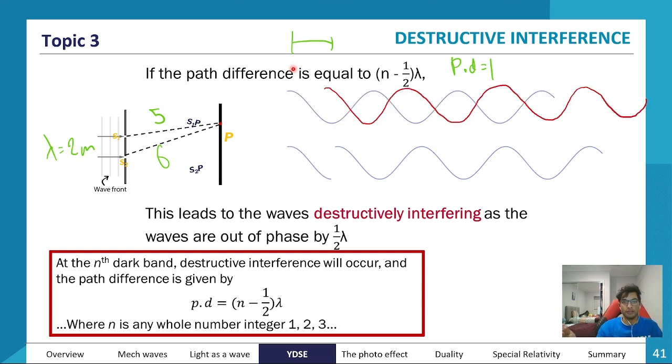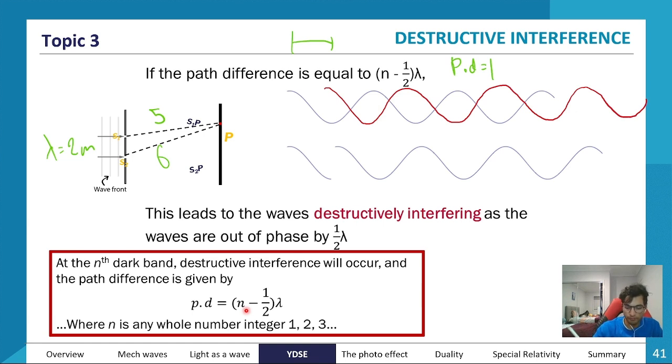Because you have positives and negatives, this is going to cancel out and you get 0, which is destructive interference. The formula for this one is path difference is equal to n minus a half. That makes sense because we got a path difference of 1.